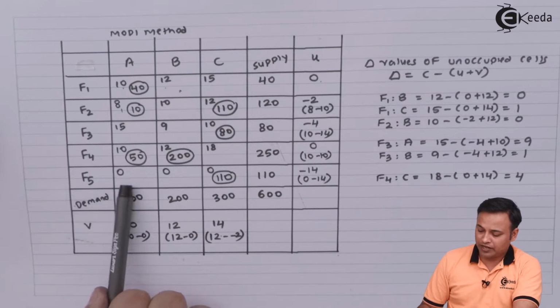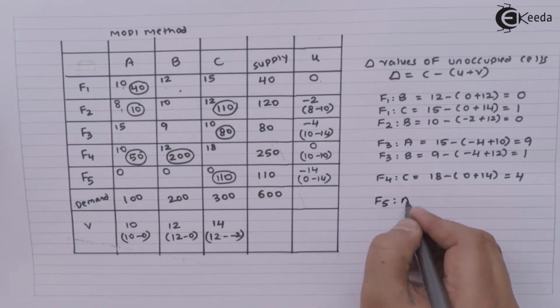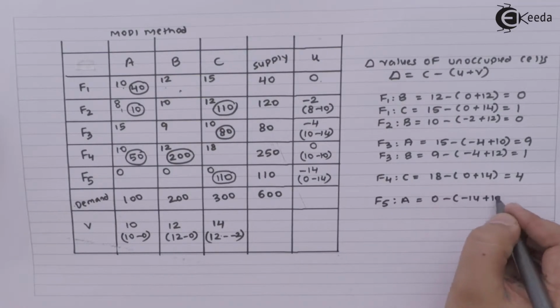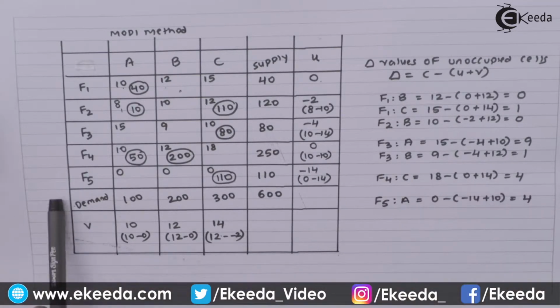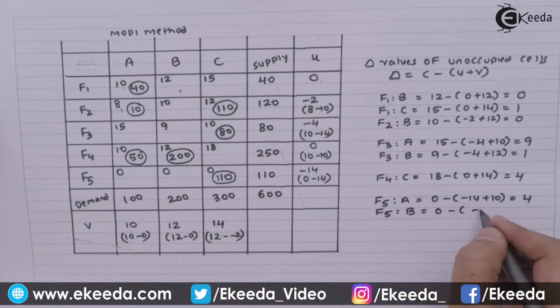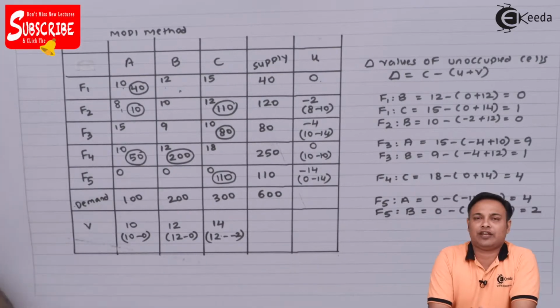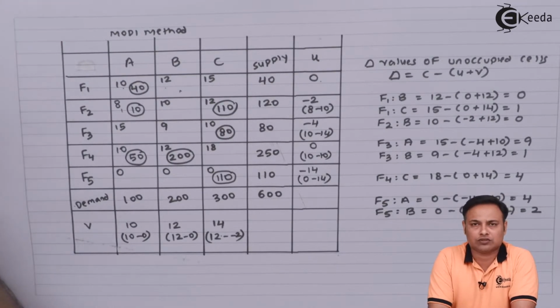At F5A, it will be 0 minus 14 plus 10, 4. And at F5B, it will be 0 minus 14 plus 12, which will be 2.